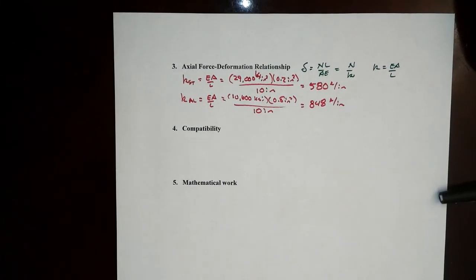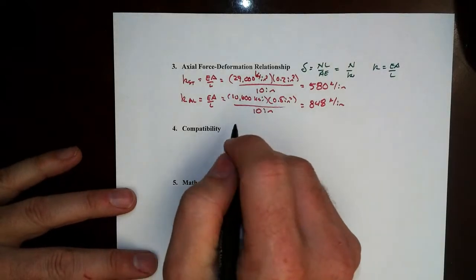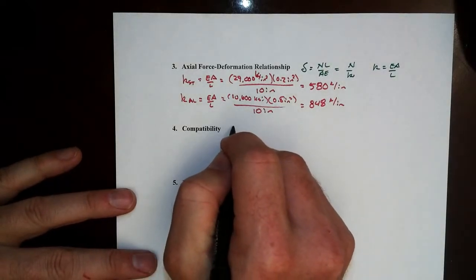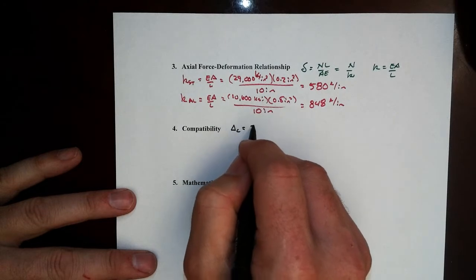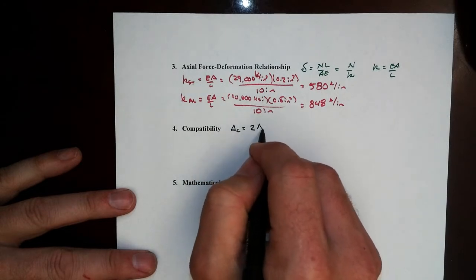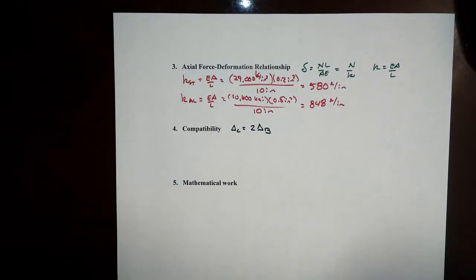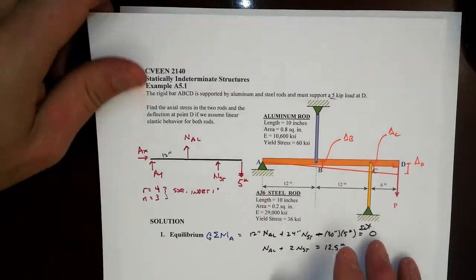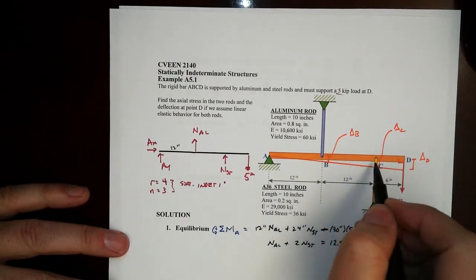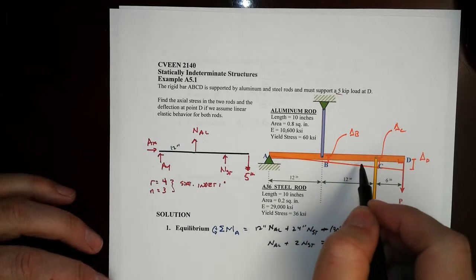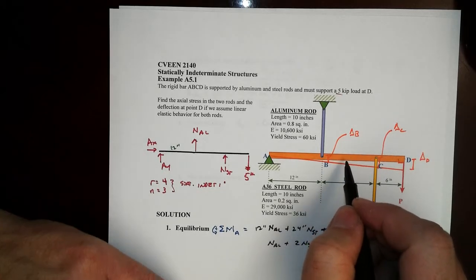Now going back to the compatibility, we found a displacement relationship that was delta C is equal to twice delta B. Now, that's really what we call a compatibility equation, that in order for this to work right, the displacements have to relate to each other in that way.